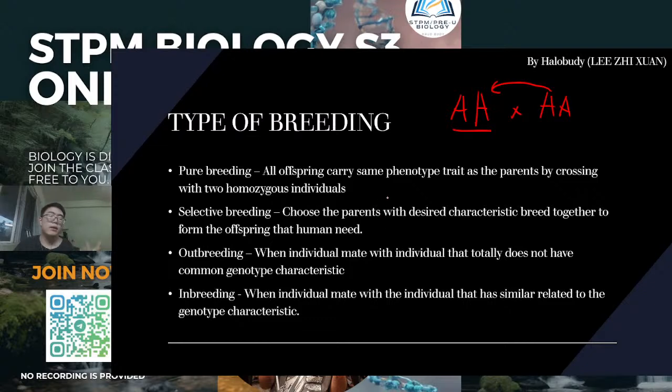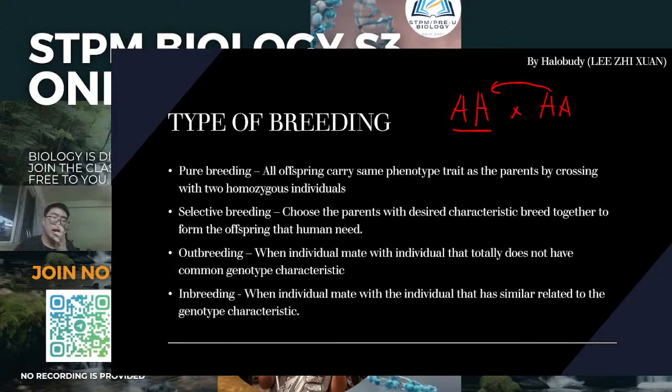If that organism does not have a useful trait, humans don't want it. If that trait is very useful, then humans want it. So normally the most common example is pets, like cats. Some cat has a very beautiful coat. Everyone likes beautiful cats.